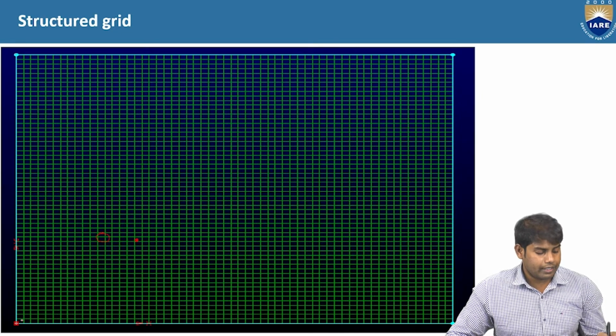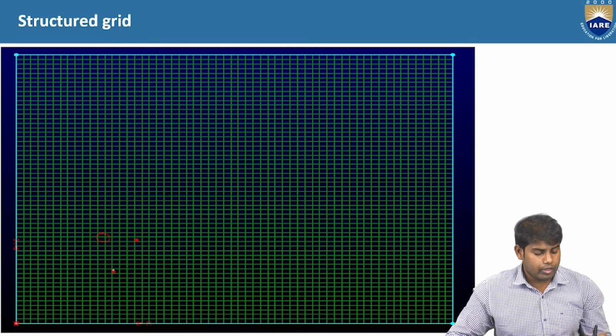The X lines are the lines parallel to the X axis, and for the structured grid no two X lines will meet each other, and likewise for the Y axis, those lines will not meet each other. The intersection of both X and Y is called the node point or the grid point.